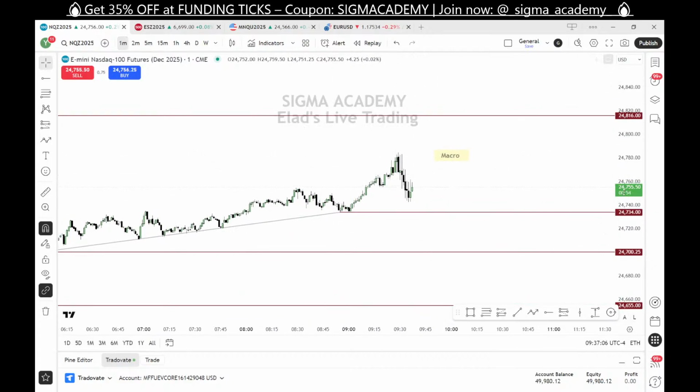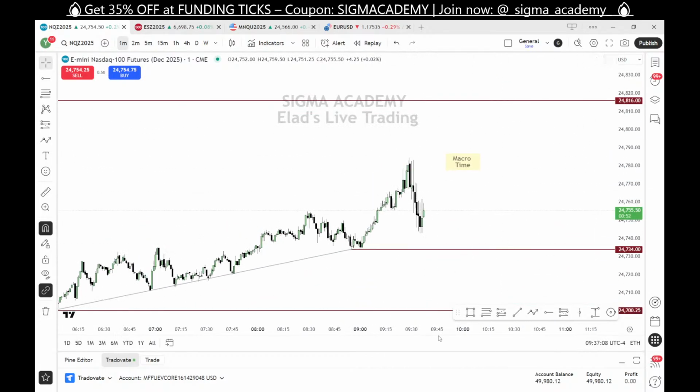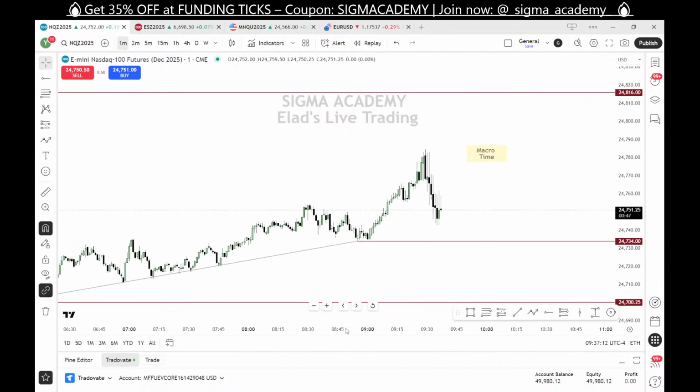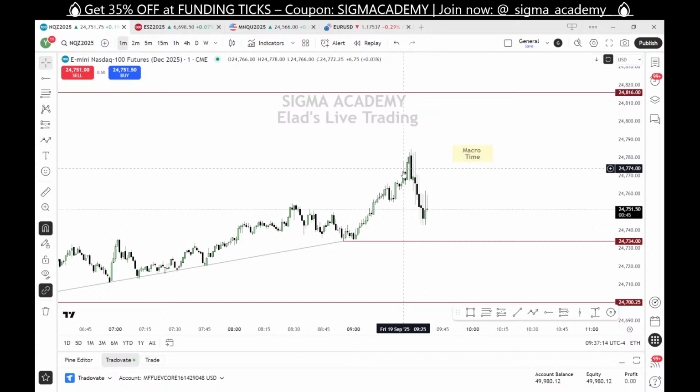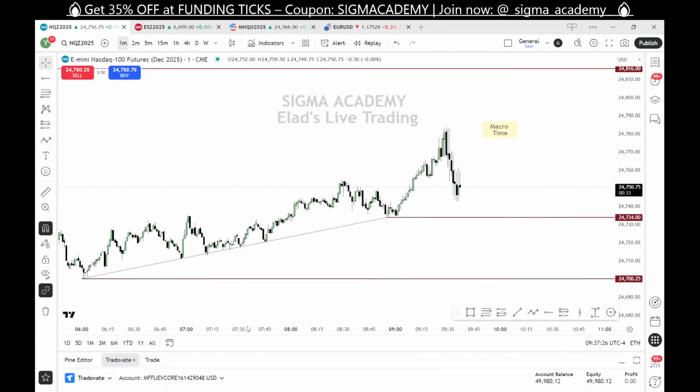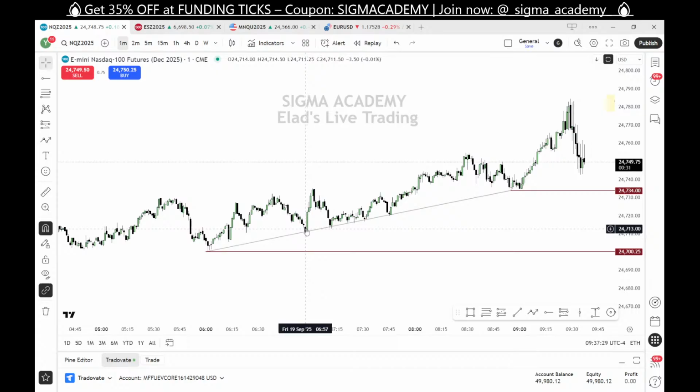One of the things that I like to see in my trading is where the manipulation happens. This is not something interesting. As you can see, we don't have speed right here. It takes a lot of time. So shorts is not good for now. What do I mean when I say speed? This is speed.